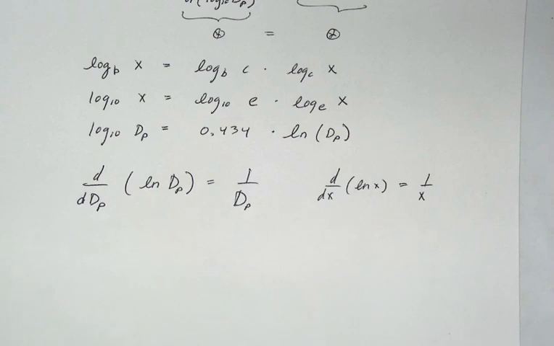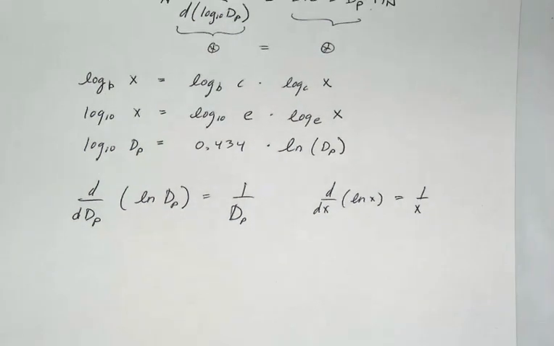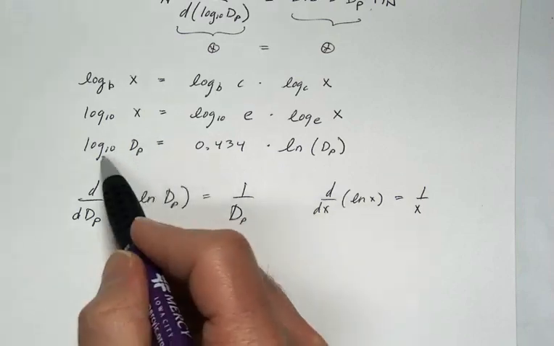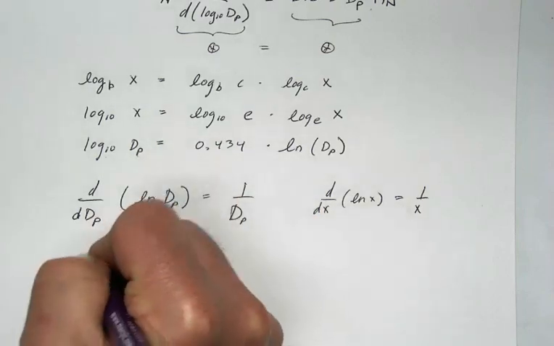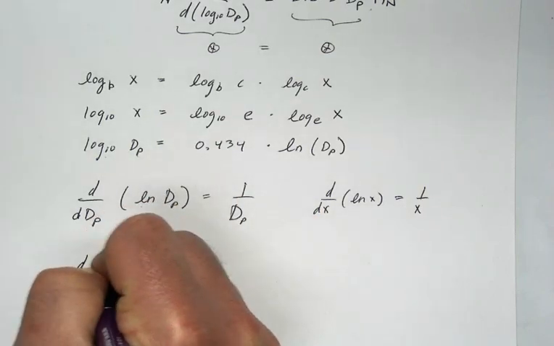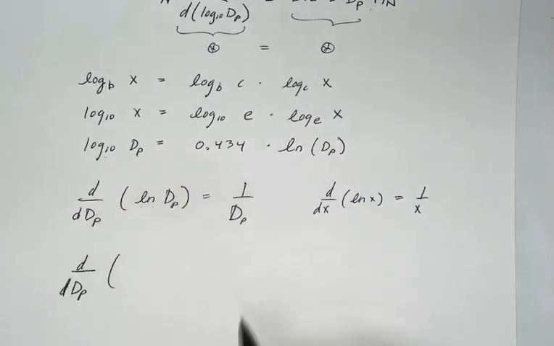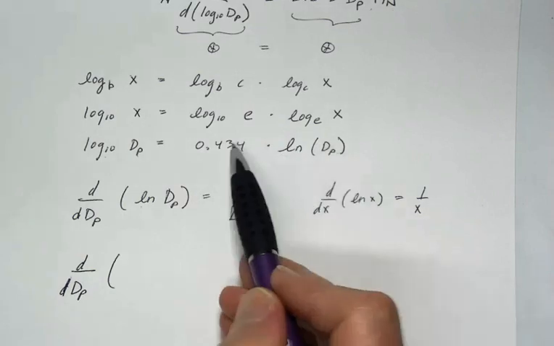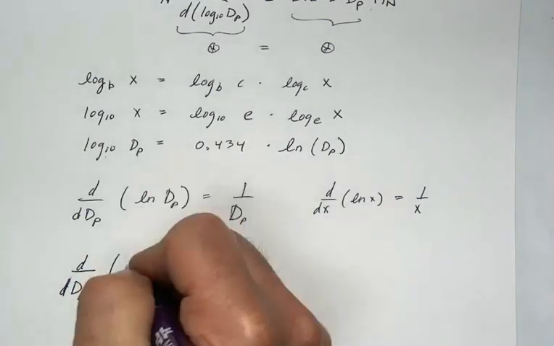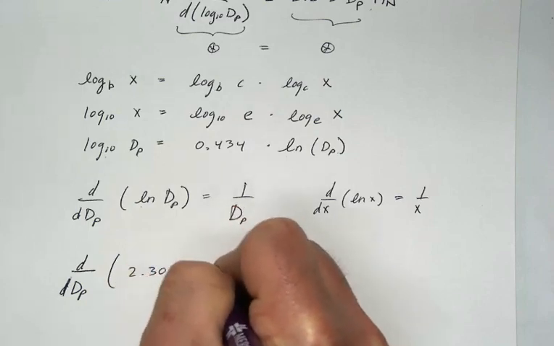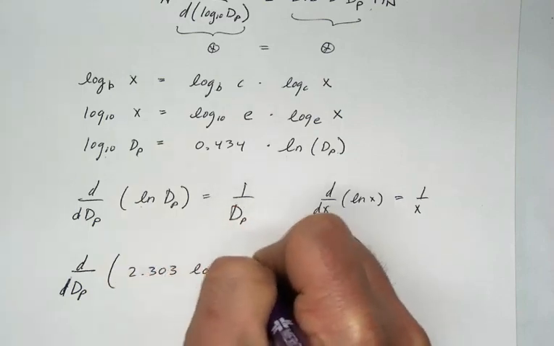Right, but I can substitute in, because the ln of dp is related to the base 10 log of dp, so d by dp. So substituting in, solving this for here, substituting in for there, that's going to have 2.303 log 10 dp.